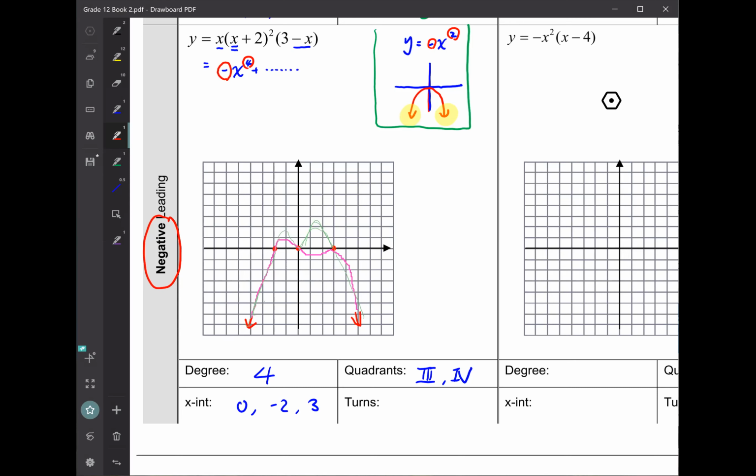Then I will draw the different ones. As you can see, Eric is bouncing off 3, and then Donna is bouncing off at 0. So I could also bounce off at -2. If I do that, it will look like this: bounce and go over.